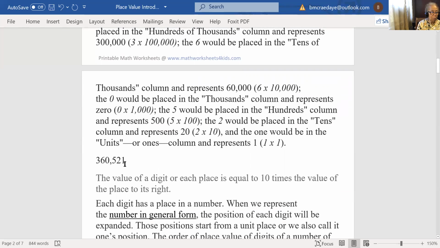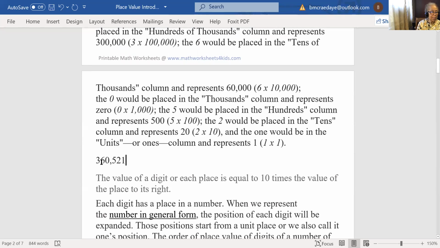360,521. That would be 1, 1, 2 tens. See, that's a 20, 2 times 10. 5 hundreds, which is 5 times 100. We have 0 thousands, because notice in this position it represents thousands, and we have 0. This column is tens of thousands.